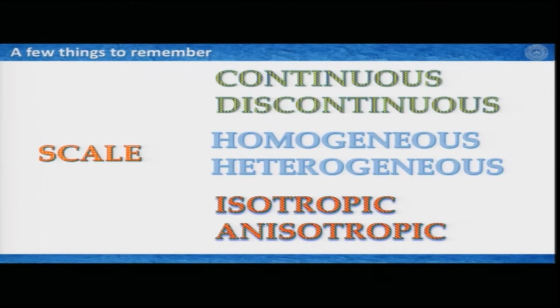Now to study structural geology, even within the subject of structural geology, apart from tectonics and geodynamics, scale is something very important that you always have to take into account: what is the scale of observation.